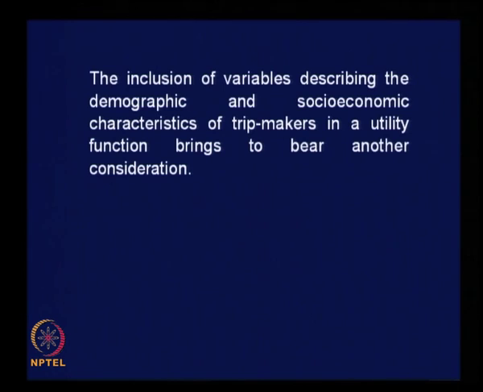We have not considered socio-economic characteristics of people in our discussion so far in the mode choice modeling or in the development of the utility function. We considered only modal attributes x1, x2, x3. So it is appropriate to bring the socio-economic characteristics of travelers into your choice process, so that your model really reflects the actual choice process.